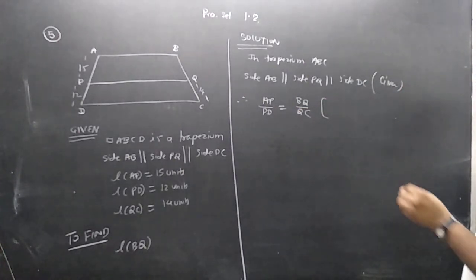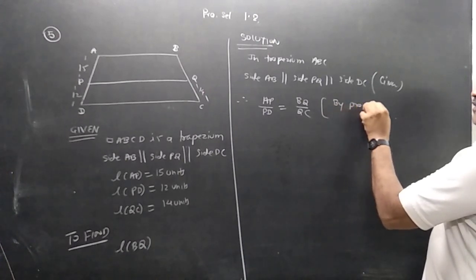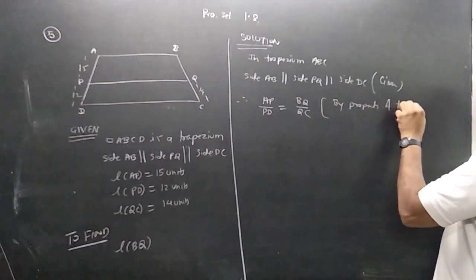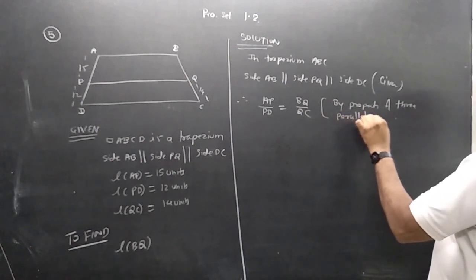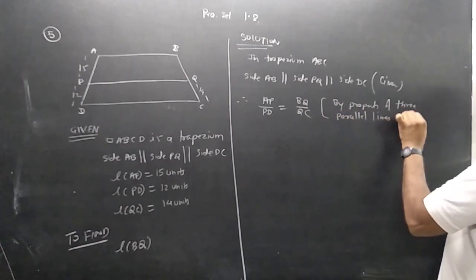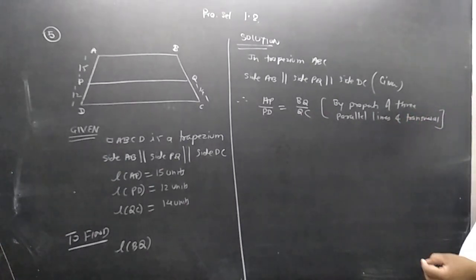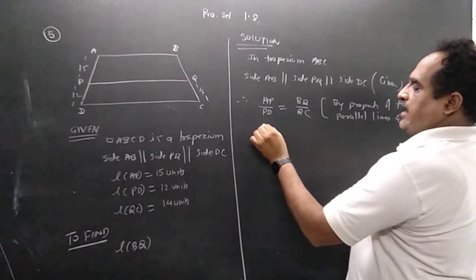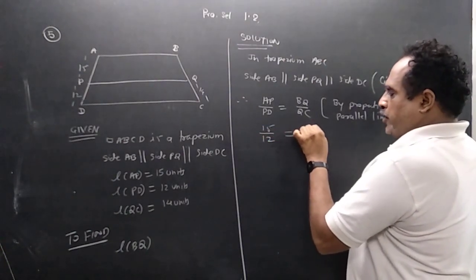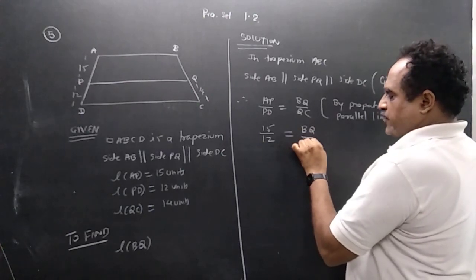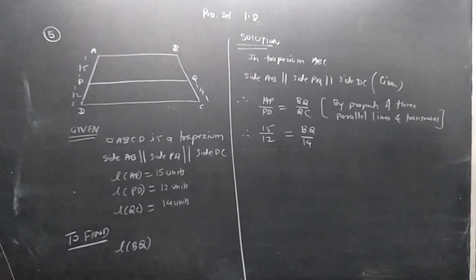The reason for it is by property of three parallel lines and transversal. So the value of AP is 15, PD is 12, BQ we don't know, and QC is 14. Take these values from the figure, whatever is given to you.